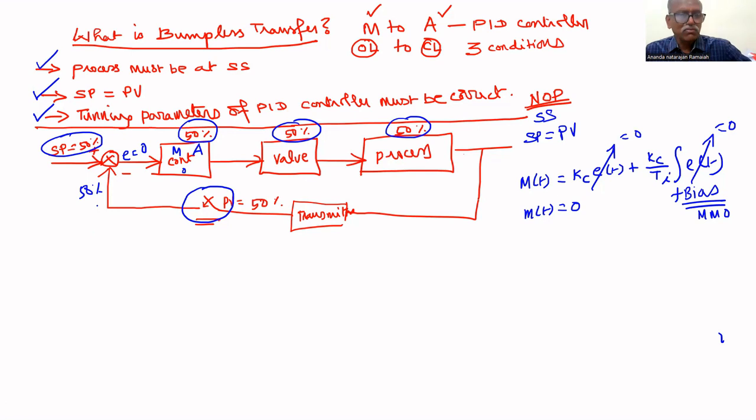For that, we need a circuit. That circuit today, let us see. Let us consider an operational amplifier based circuit. We are going to use a PI controller.